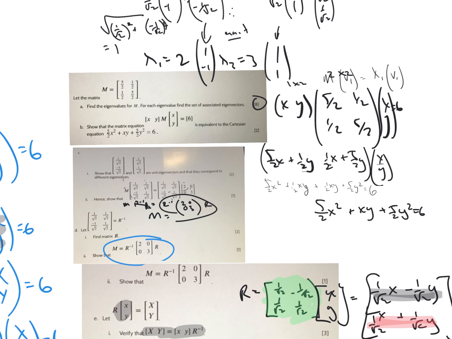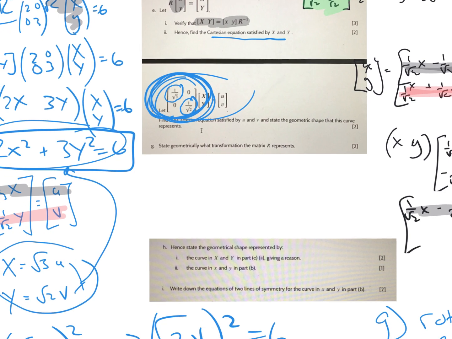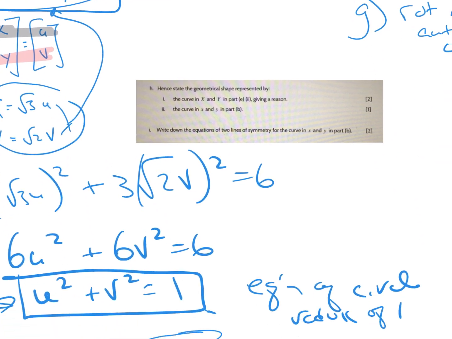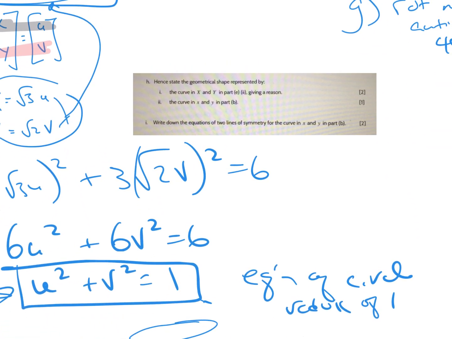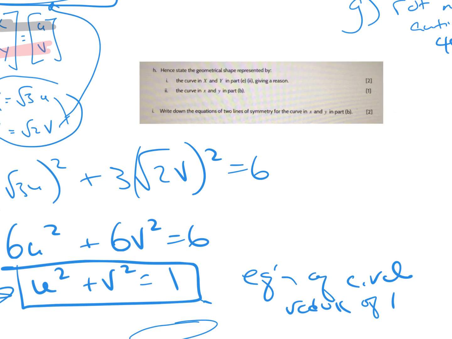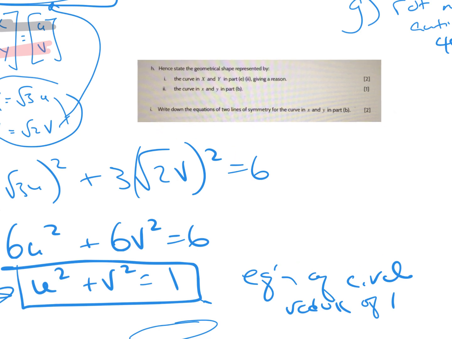And so this particular function is also a rotation. It's an ellipse that's been rotated by 45 degrees. So hence the shape represented by this is an ellipse as well, rotated by 45 degrees.